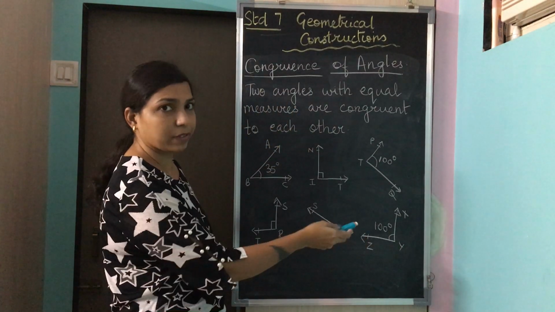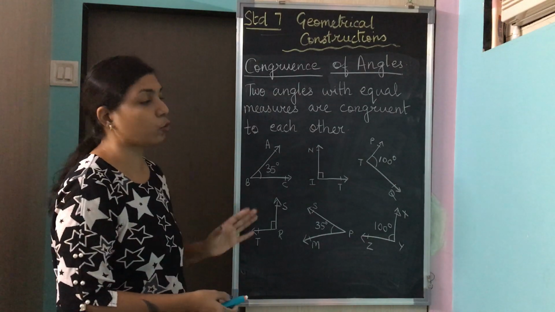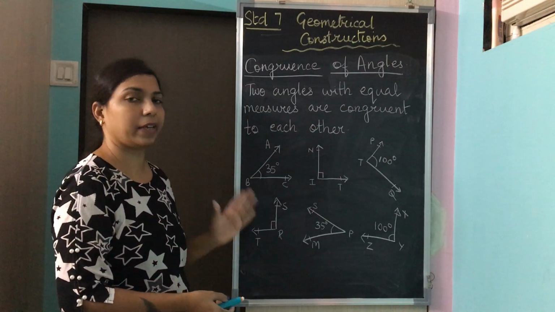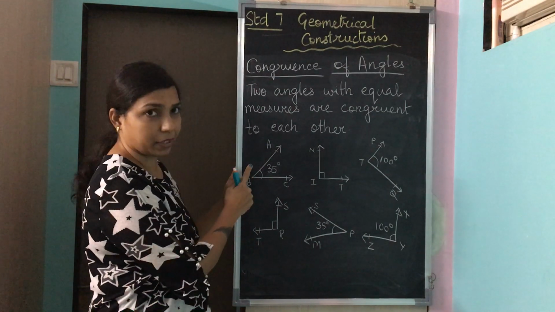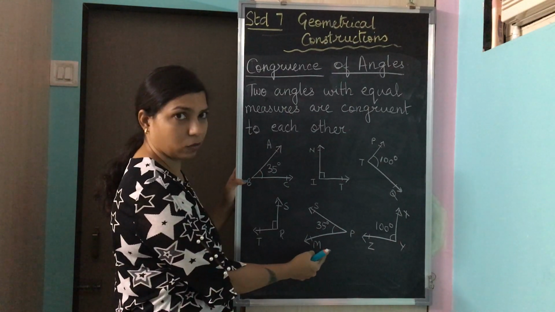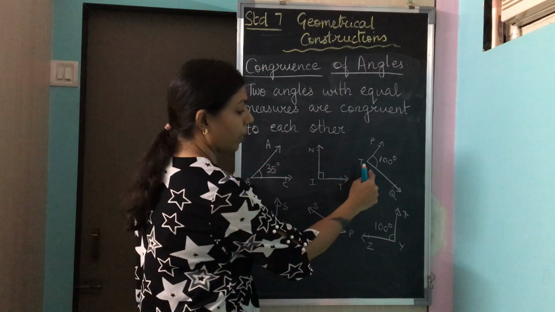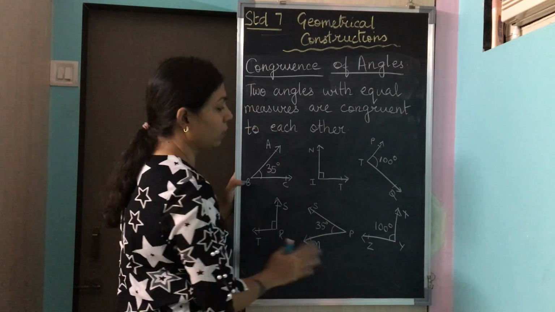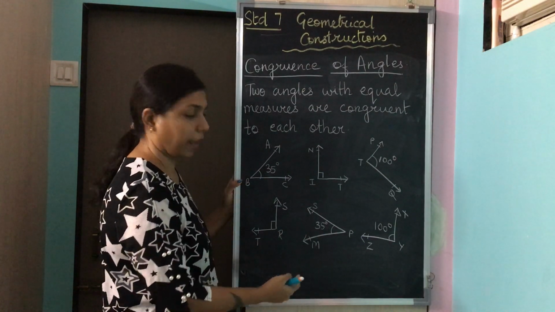And angle XYZ, 100 degrees, obtuse angle. So now I have to match which angle is of equal measurement to the other angle. I've got 35 degrees over here, 35 degrees over here, 90 over here, 90 over here, and 100 over here, 100 over here. So now I will write down the congruency of those angles.